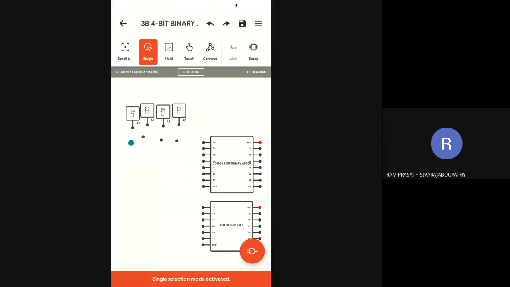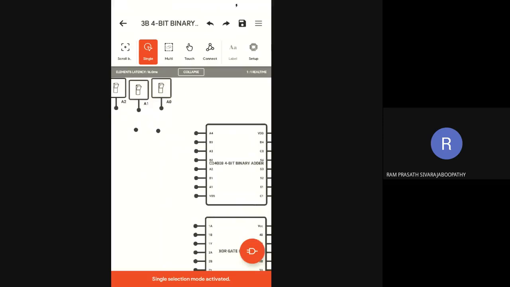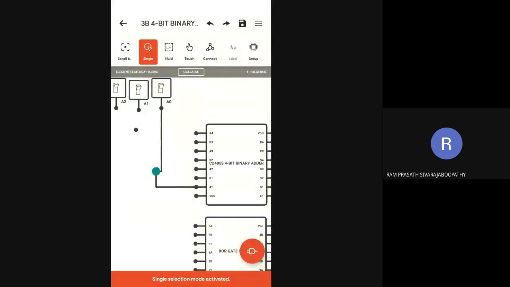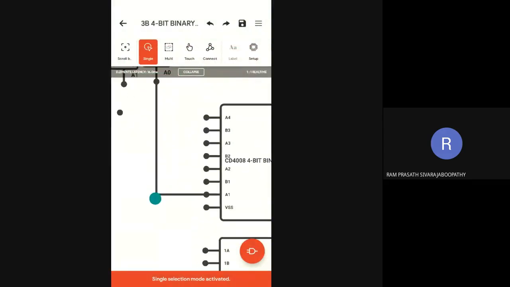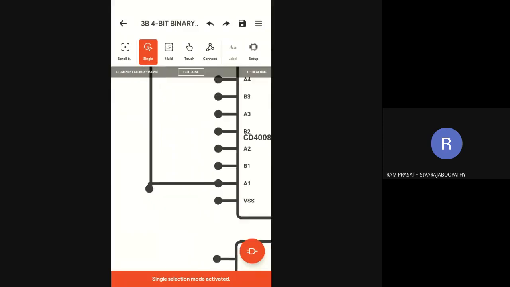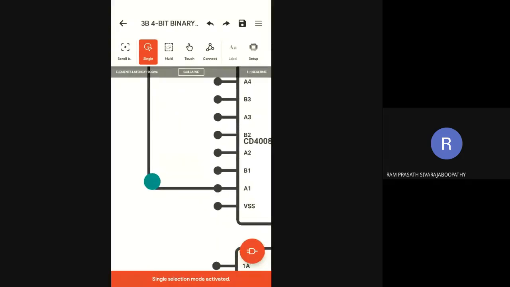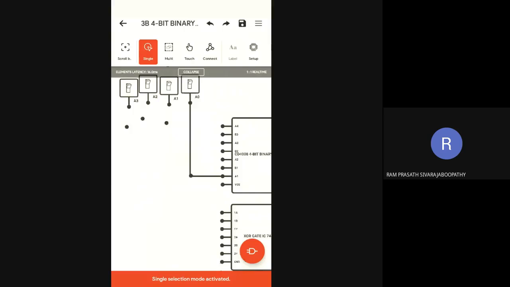Fine. First I am going to connect A0. So click and connect A0. It must be given at A1. Please remember what I said about how we have chosen the names. So A0, as far as we are concerned, is A1 of the IC. So A0 is done. Next A1.